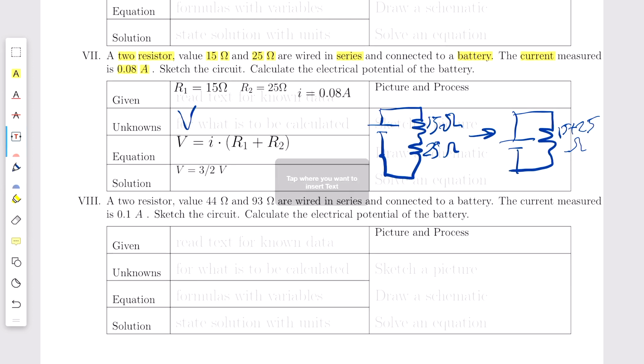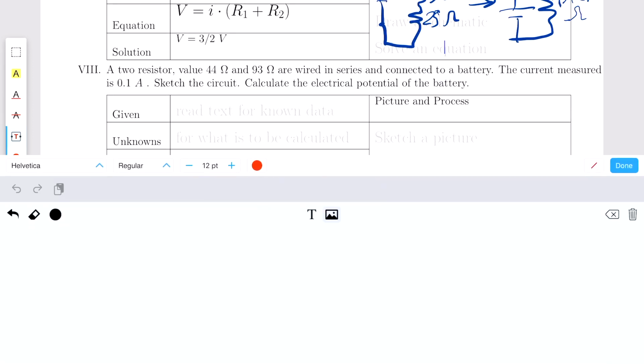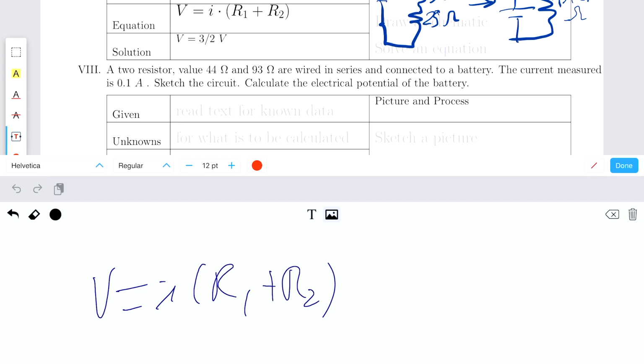So we have Ohm's law, and for a series circuit, we have an equivalent resistor. Okay? So we add the two resistances together.